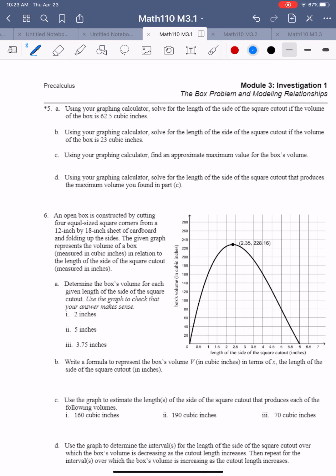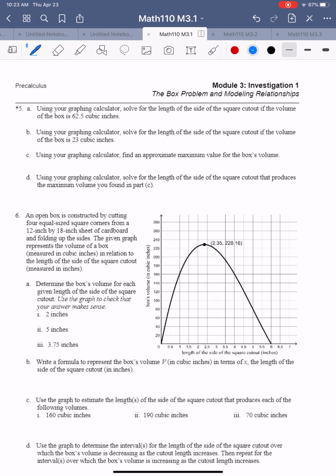All right, let's look at number 5 right now. Using the graphing calculator, solve the length of the side of the square cutout if the volume of the box is 62.5 cubic inches. Even though they say to use the graphing calculator, I think you had better use the graphing parts.